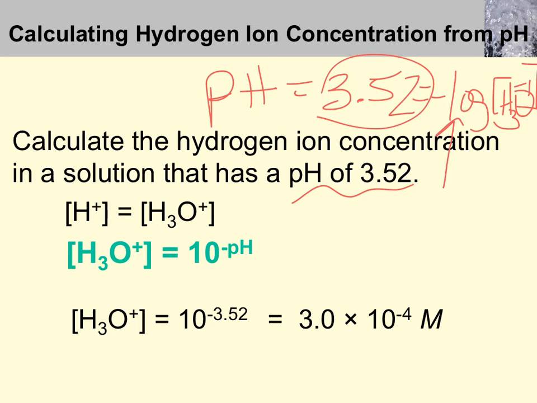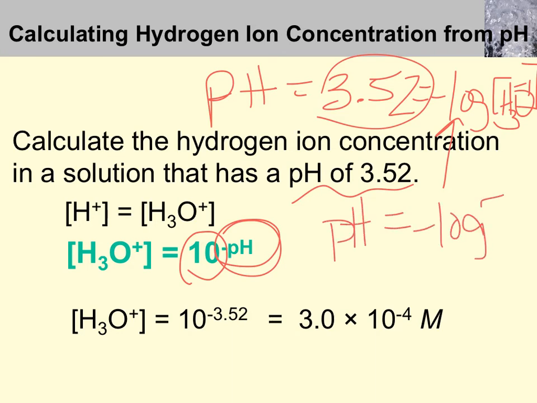So what you do is you have to take 10 and raise that up as an exponent. So if we have the equation pH equals minus log concentration of hydronium, and we want to solve for the concentration of hydronium, what do we do?